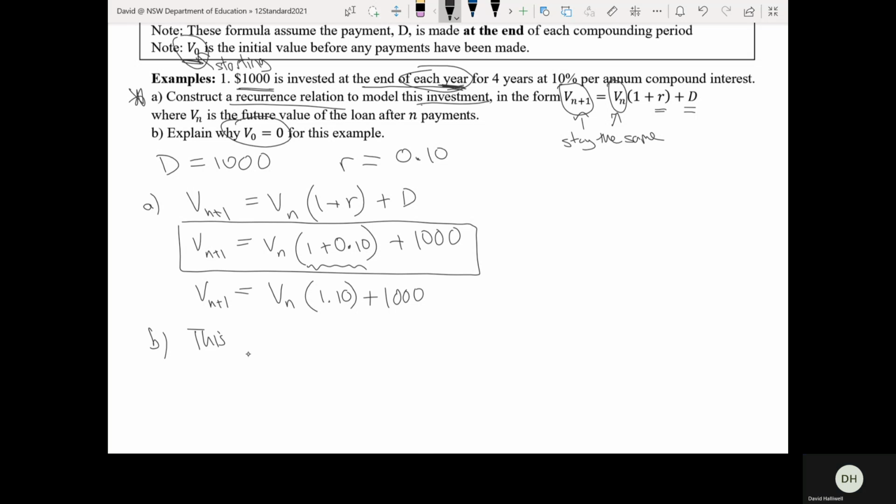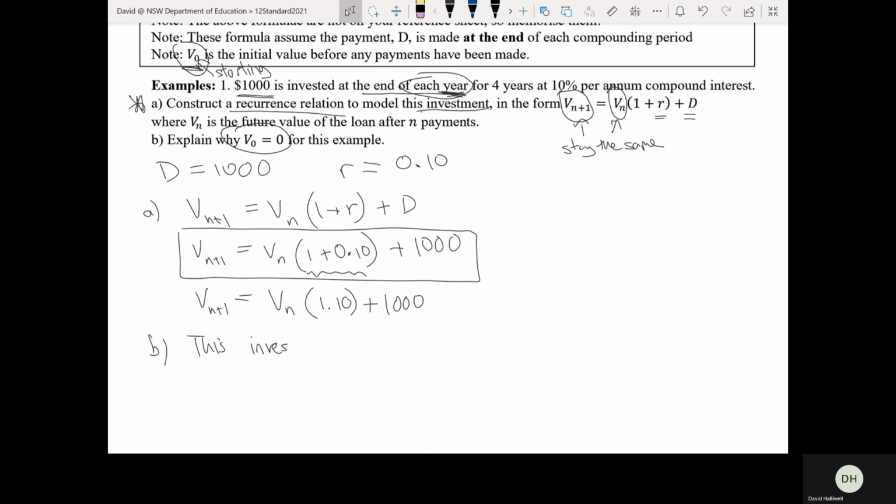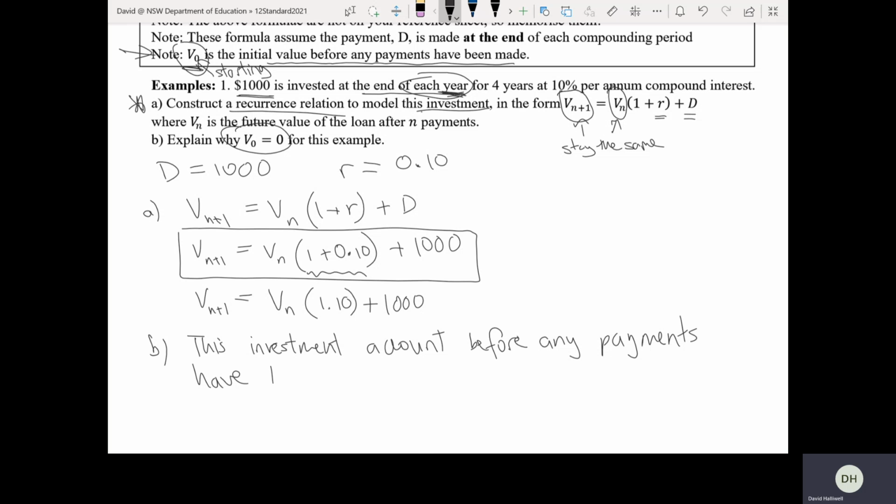This investment account, and what I'm going to do is use the wording up here where it says V0 is the initial value before any payments have been made.